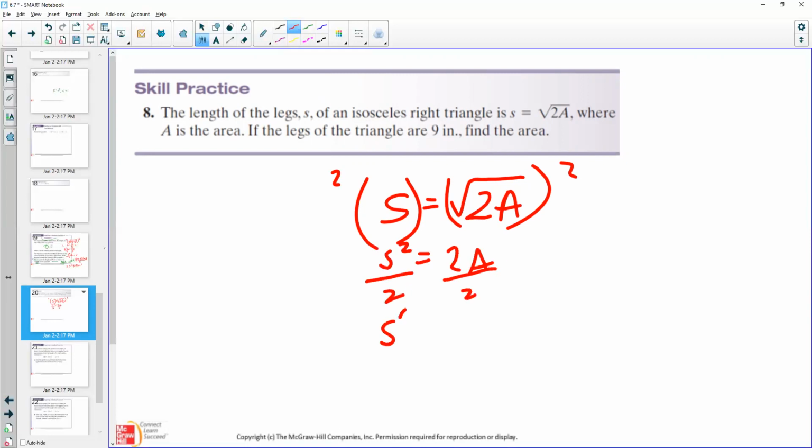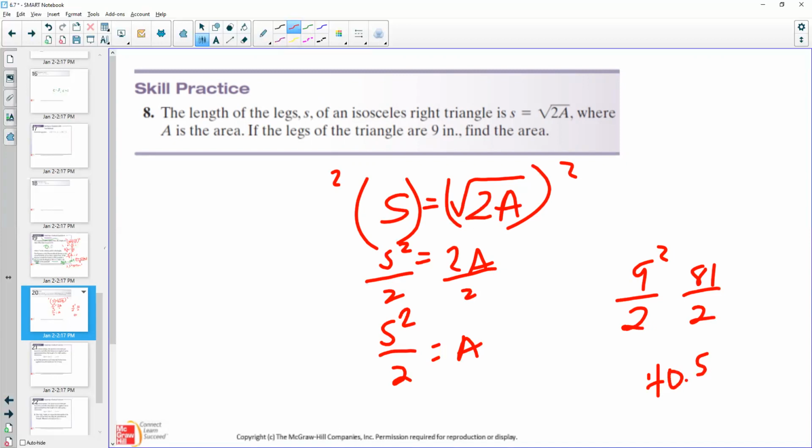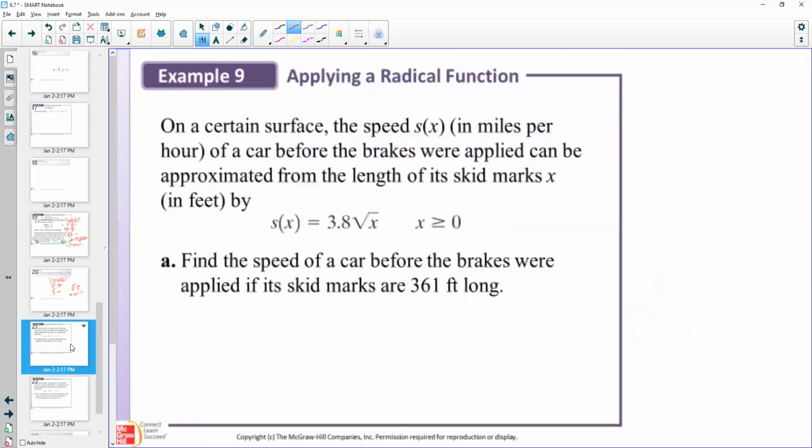So I get S squared divided by 2 equals a. I know the length of the leg is 9. So 9 squared divided by 2 is 81 divided by 2. That's 40.5. So that's the area. That's in square inches.